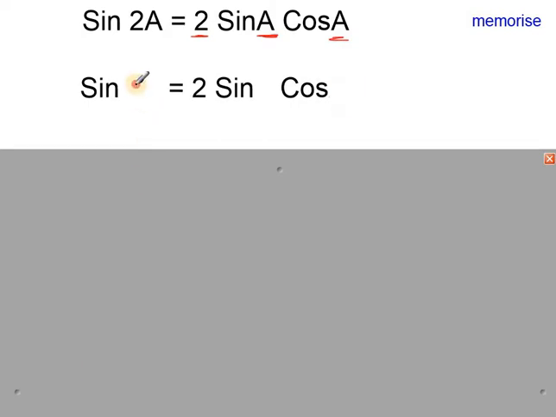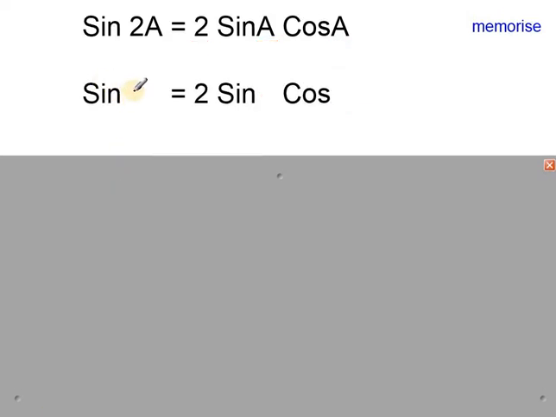If the angle on the left is x, so x represents 2A, so A is half x, or you can put x over 2. If the angle on the left is 8 theta, that's 2A, so angle A is 4 theta, so that's going to become 2 sine 4 theta cos 4 theta.